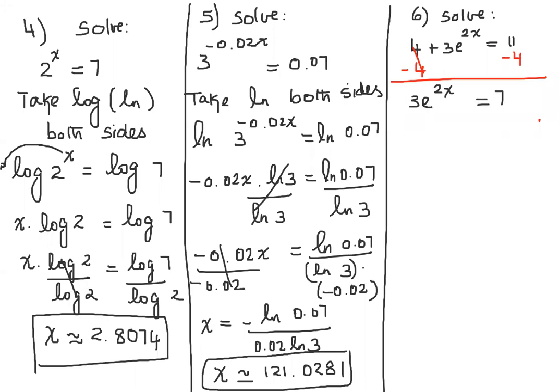Again, I have to get the e to the power 2x by itself. So we have to divide by 3 both sides. So we get e to the power 2x equals 7 over 3. Now since the base is e, it's better we take ln instead of log.